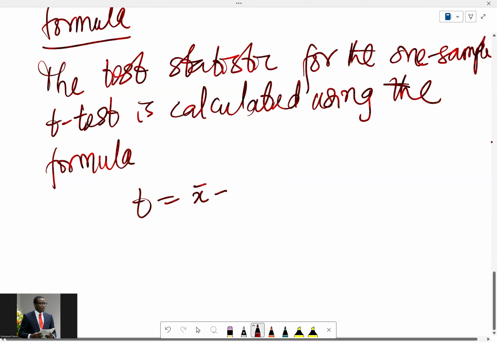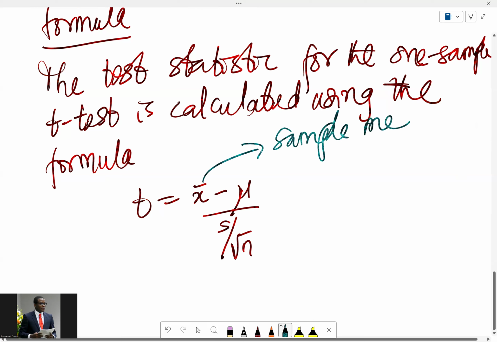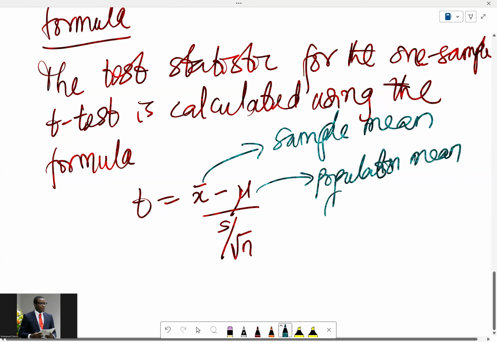So that's X bar minus mu divided by S over square root of N. And as usual, X bar here is the sample mean. Mu is the population mean, even if it is hypothesized.